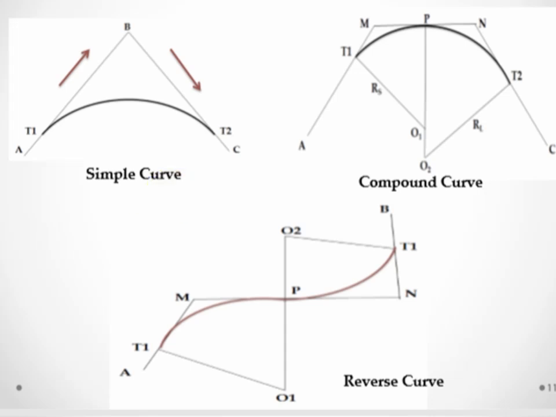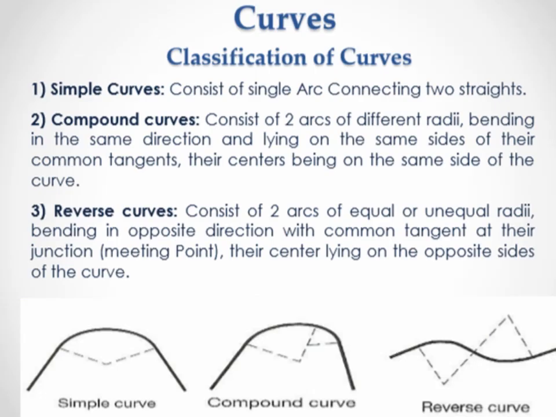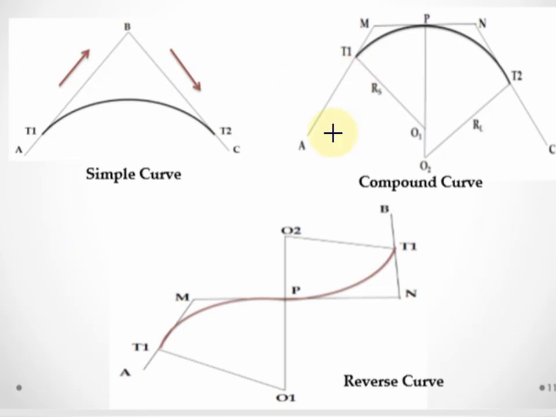Then compound curve consists of two arcs of different radii, bending in the same direction and lying on the same side of their common tangent, their centers being on the same side of the curve. If you see there, this is the compound curve, it has different radii.